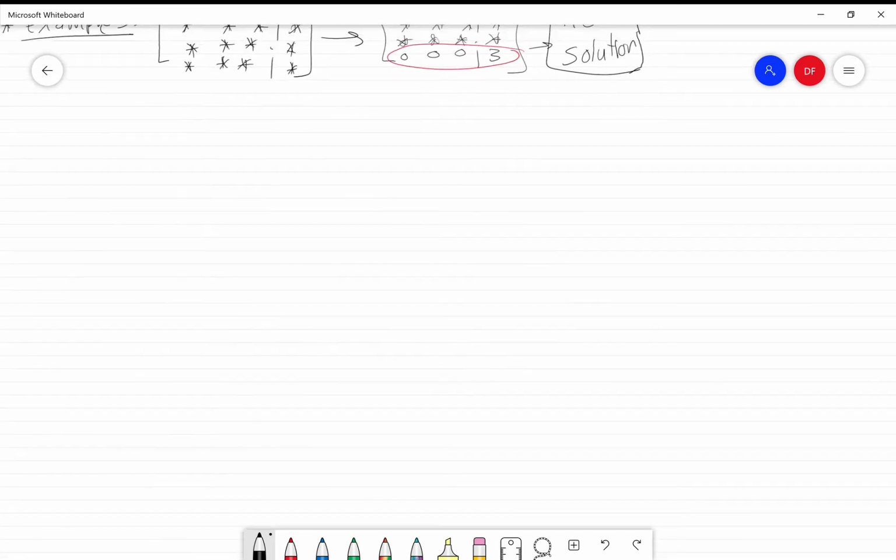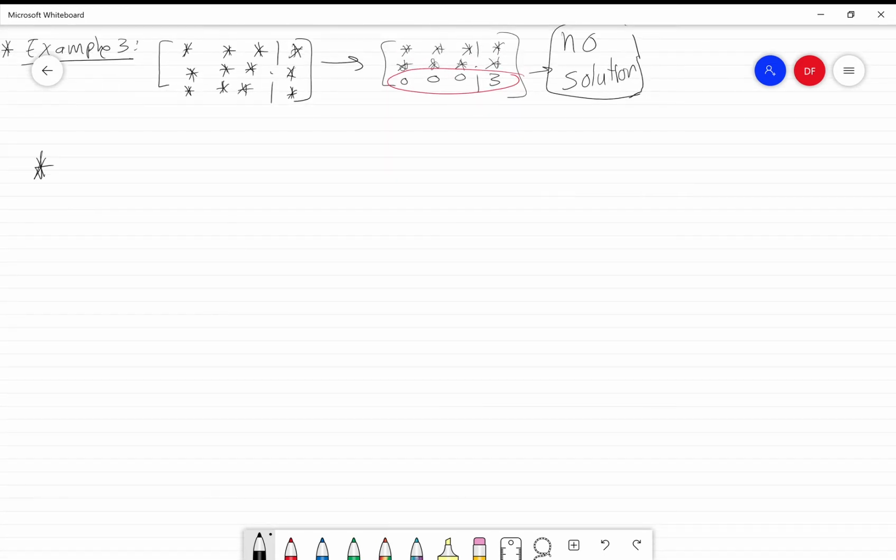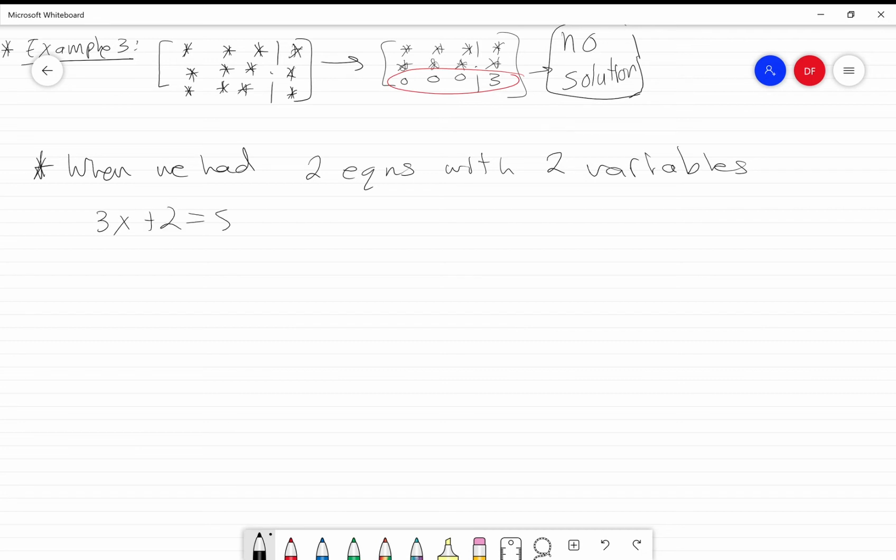So we saw when we had 2 equations with 2 variables, for example, 3x plus 2y equals 5, 2x minus 3y equals negative 4.